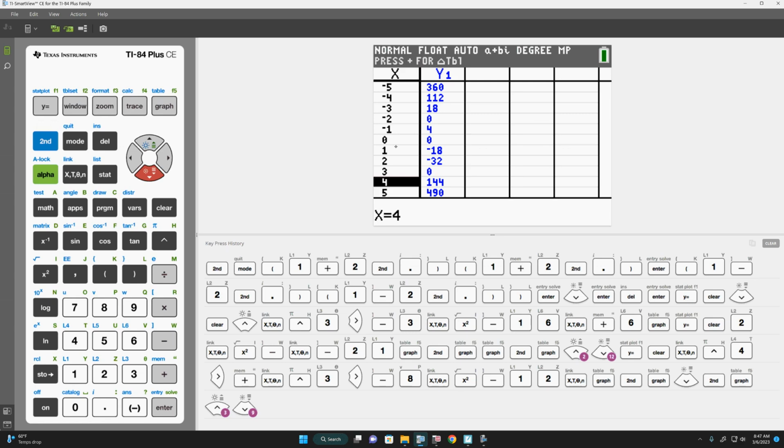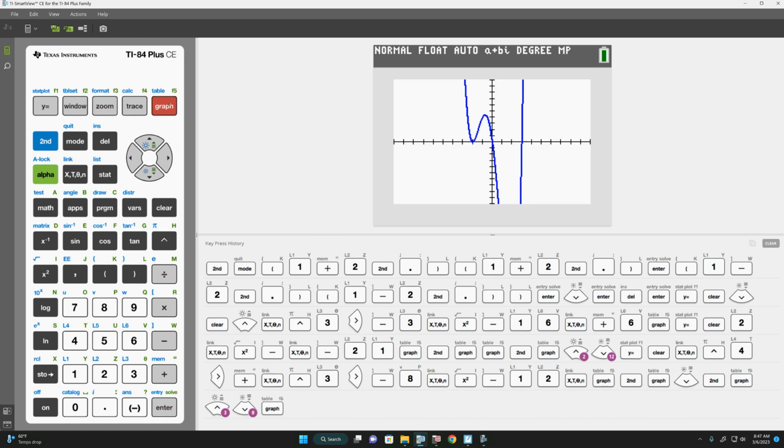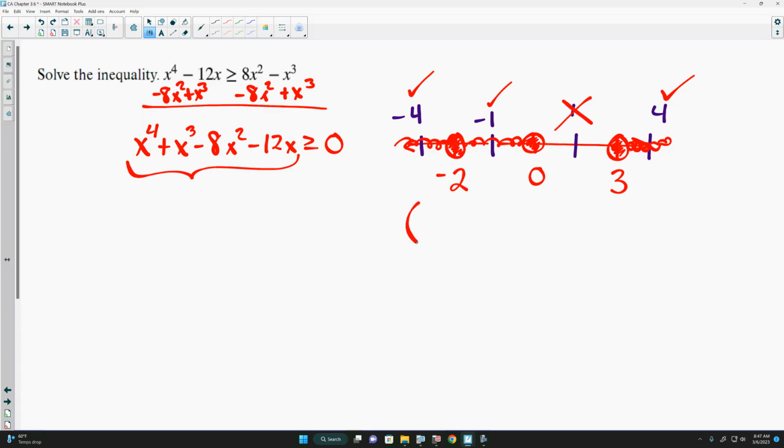Well, wait a minute. On the graph, we're just saying everything above the x-axis, yes? The only spot that it's not above the x-axis is between 0 and 3, yes? Everything else is going to be included. Now, as an interval, since we're going completely this direction, the smallest value we can have is -infinity. -infinity all the way to -2, yes?